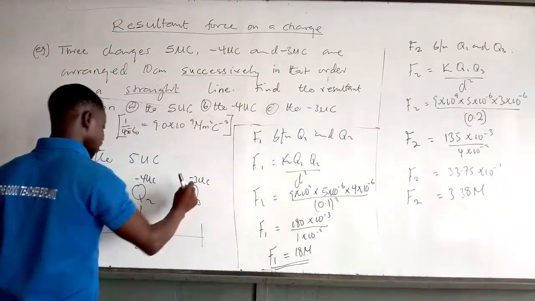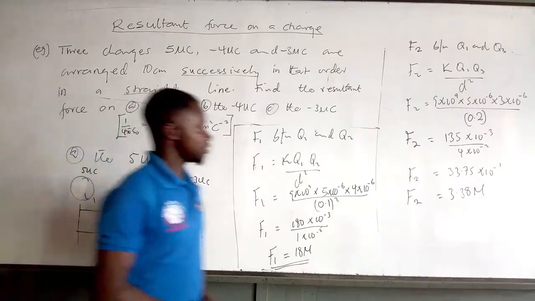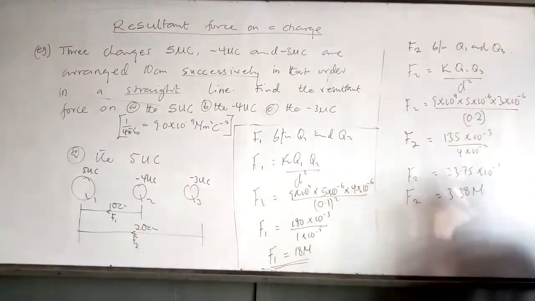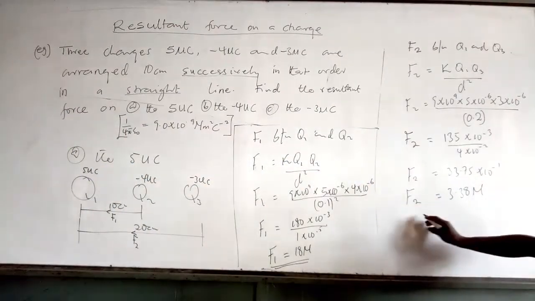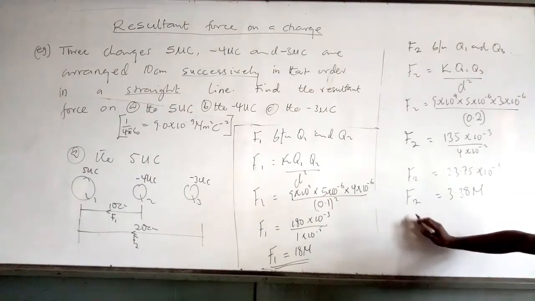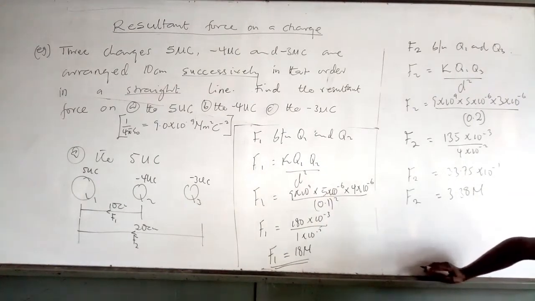between Q1 and Q3. So therefore, the resultant force between them, you can see that the two forces are acting in the same direction. All right. So what we do is that we add them.